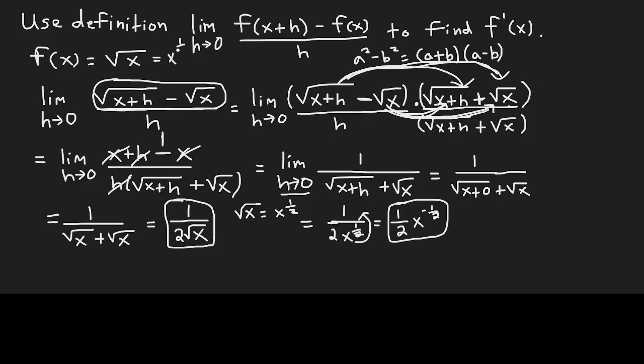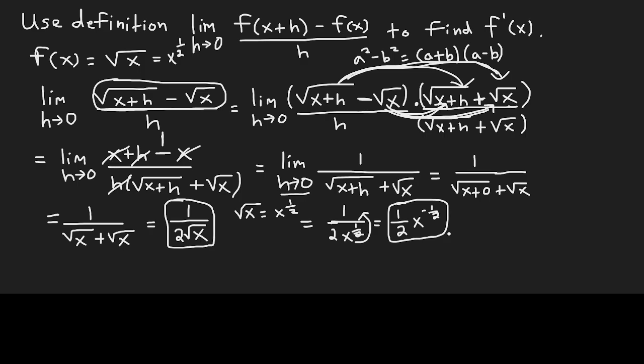So we can see that f of x equals x to the 1/2, and the derivative of that, the slope of the tangent line, is 1/2 x to the minus 1/2. In derivatives in calculus you will learn something called the power rule, and you'll understand why I decided to express it this way.